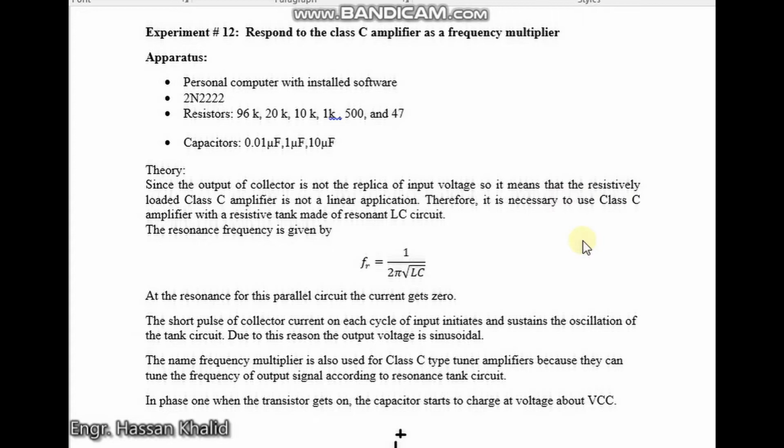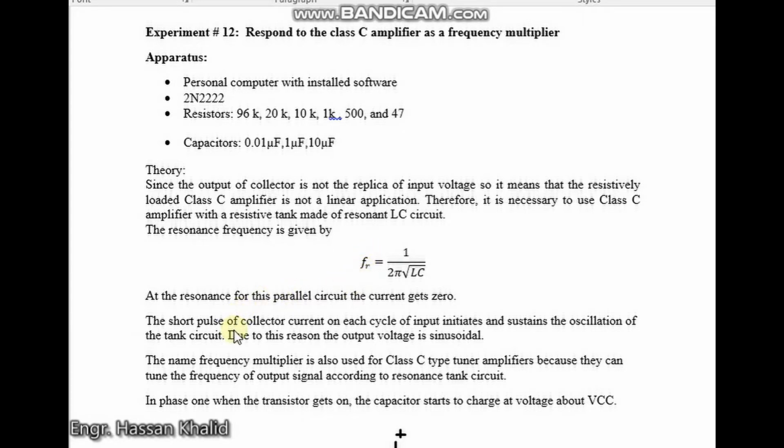In order to do that, we need to attach a tank circuit made up of the LC combination, known as the resonant circuit, whose frequency can be evaluated by fr equals 1 over 2 pi root LC, which can be obtained by equalizing the inductive reactance to the capacitive reactance, and you can easily fetch the resonance frequency formulation.